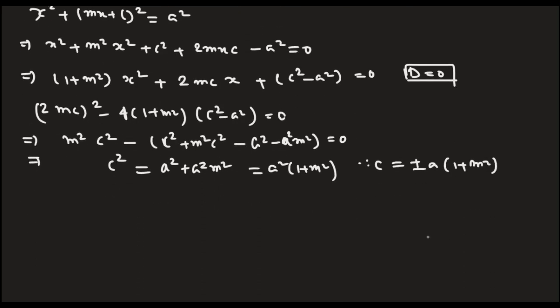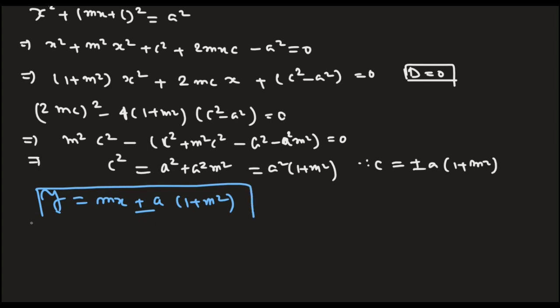Now our line equation will look like this. Y is equal to mx plus c, so this is mx and this is c. C is equal to plus and minus a root of 1 plus m square. So this is my equation of the tangent. This is the general equation of the tangent.